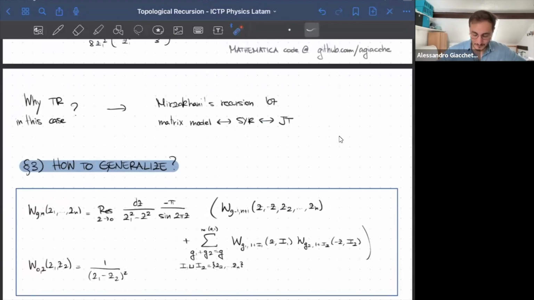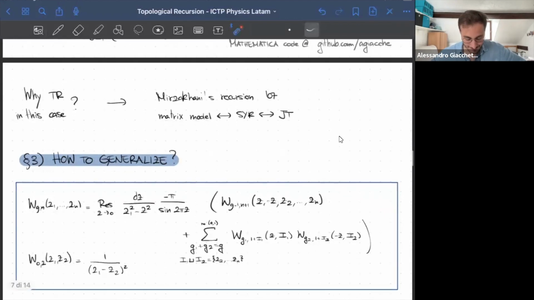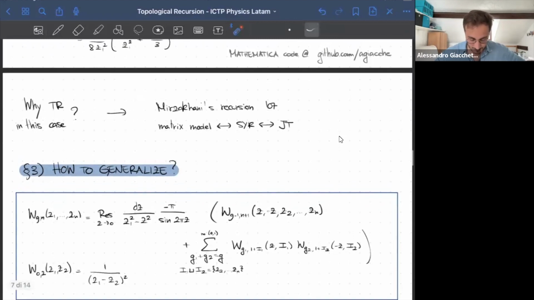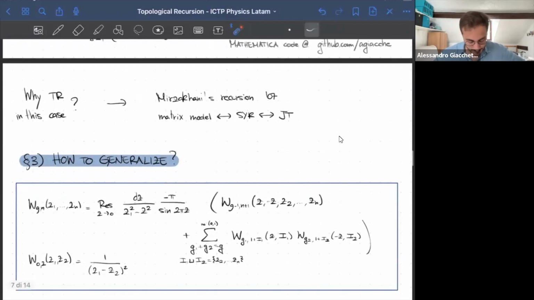I will basically do this computation based only on this JT recursion formula. They had many more examples coming from matrix models, so some of the things that I will do now might be a bit random, but they had many more examples from which they based this generalization.